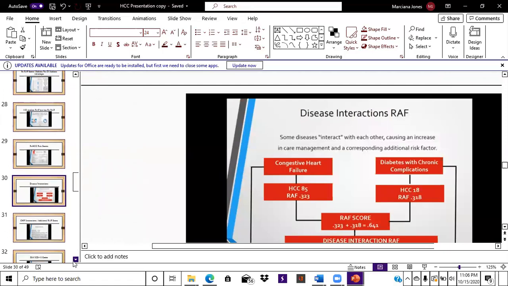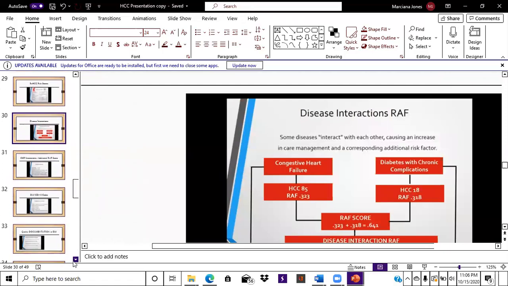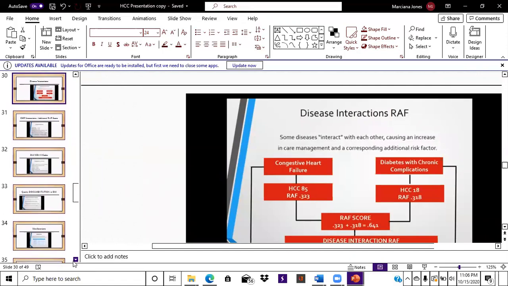So, disease interactions. Oh, this is a good one. This is how they really get their money. Some diseases interact with each other, causing an increase in care management and corresponding additional risk factors.